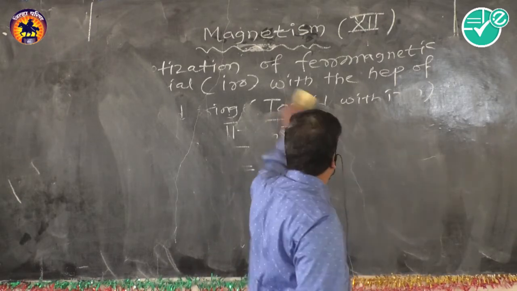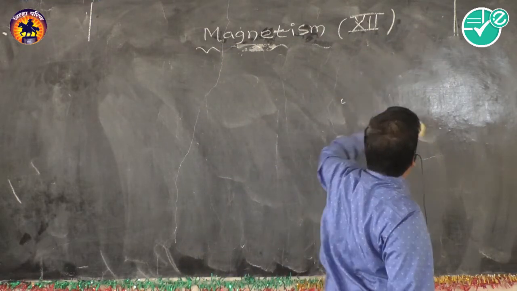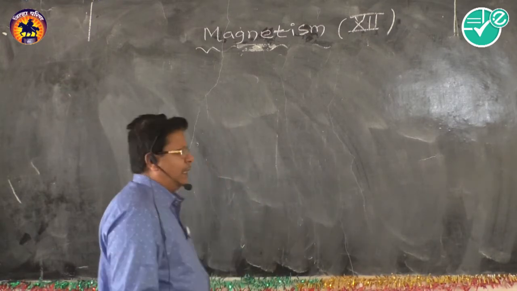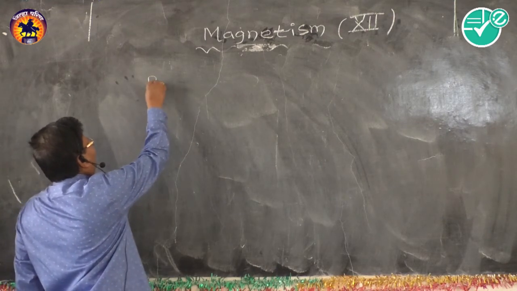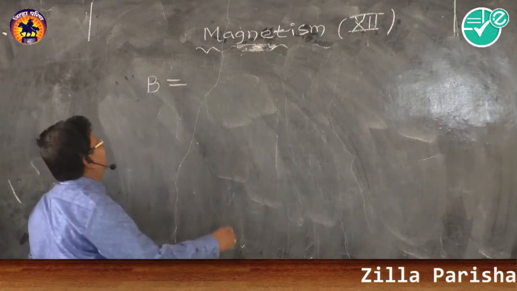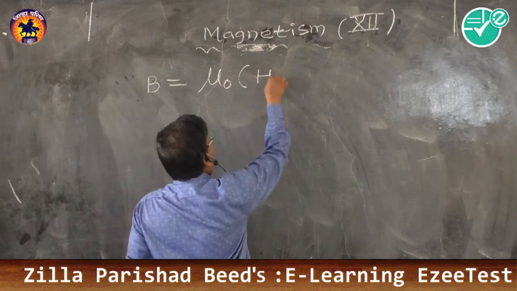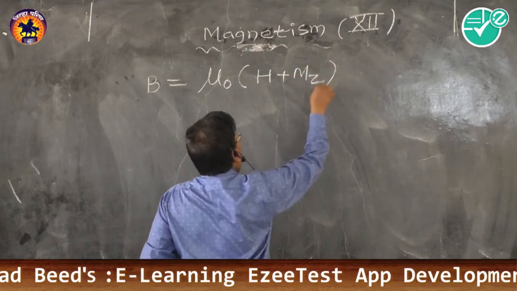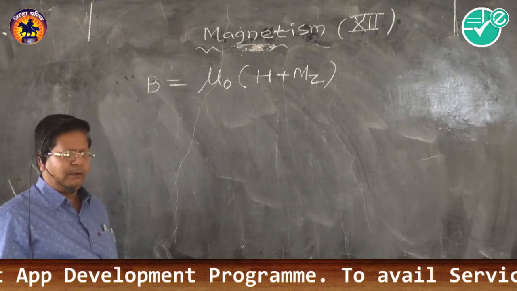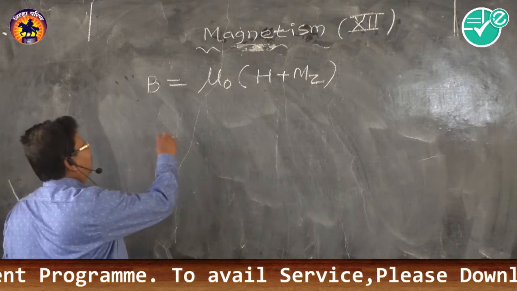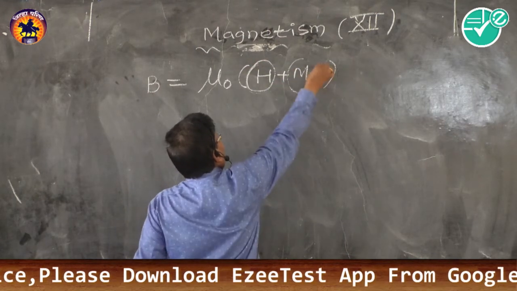So in this article we have studied B is equal to mu into H, or while deriving the expression, in between we got one term, that is B, which is equal to mu 0 into bracket H plus Mz, or H plus I. And so from this equation, again we define the magnetic property such as H or Mz.